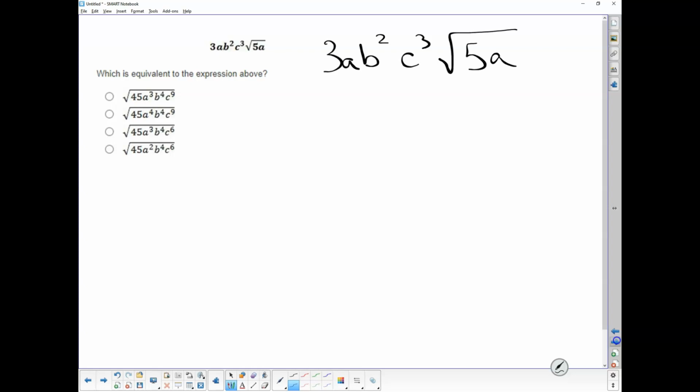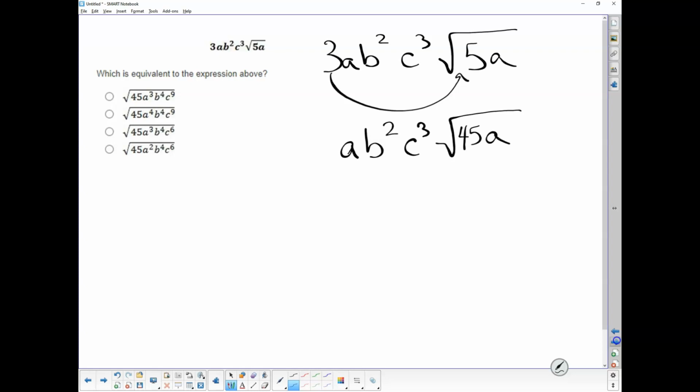Okay, so to move that 3 back into the square root, it becomes 9. Right? So I'm going to rewrite each step so it's very easy to see. But you can do this all in one step if you're comfortable. So when I move 9 into the square root, that becomes 45a.